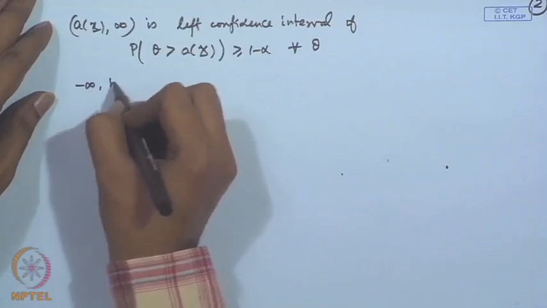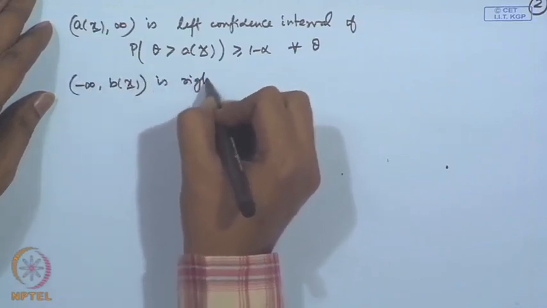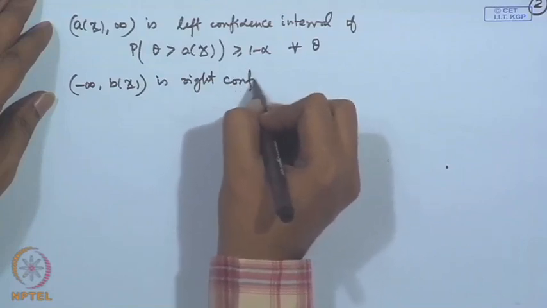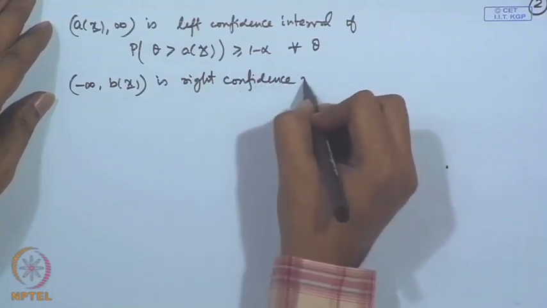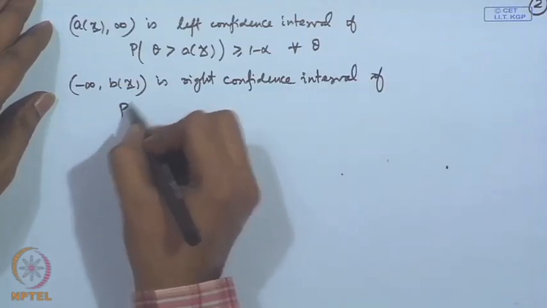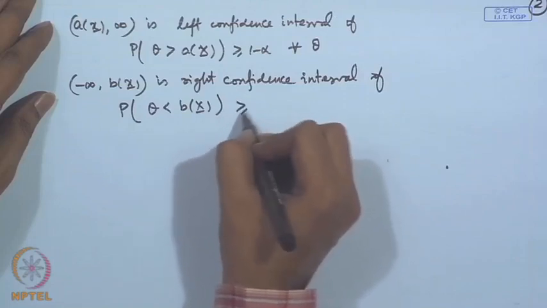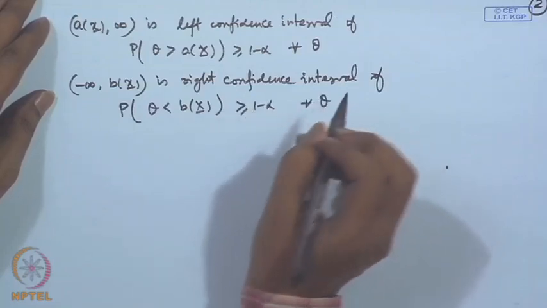Similarly, minus infinity to B x is a right confidence interval if probability of theta less than B x is greater than or equal to 1 minus alpha.